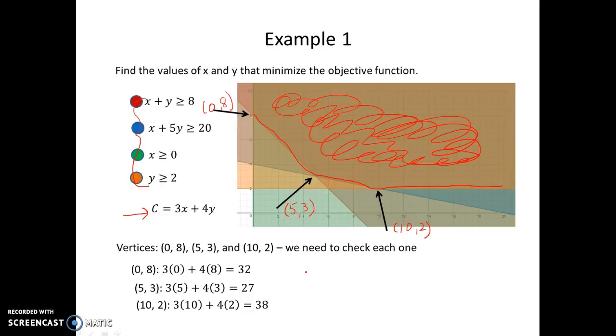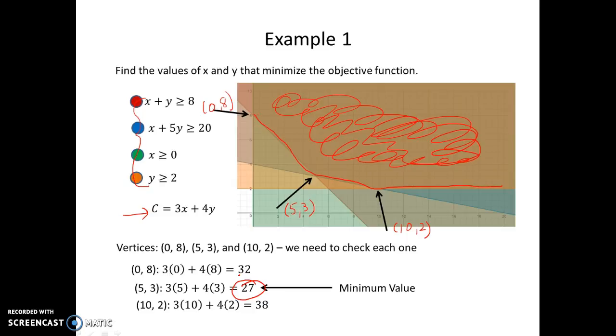And when I substitute that value in, I get 38. So each of my vertices, that's where I'm going to find that optimized value, in this case the minimum. And you can see that at 27, that gives me the minimum value.